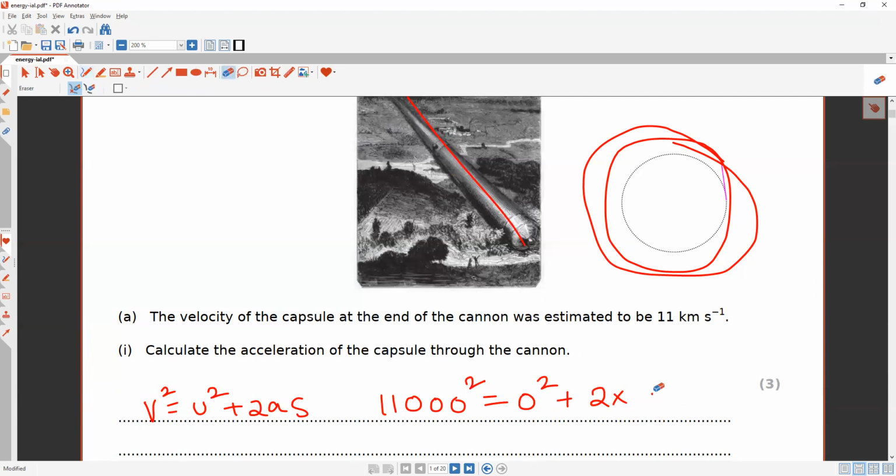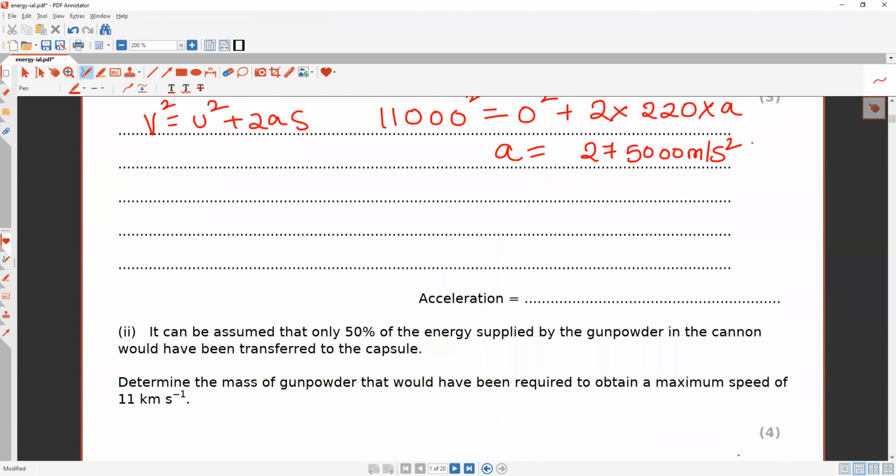Acceleration is the one we are supposed to find here, and s is 220 meters. Everybody did the same thing, right? And a we don't know. So what was the a you guys got? 275,000 kilometers per second square. Is this understood, everyone? Till here, everyone is clear, right? I'm pretty sure.